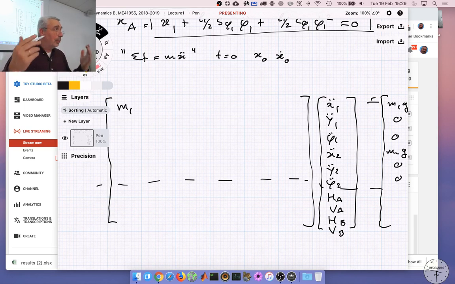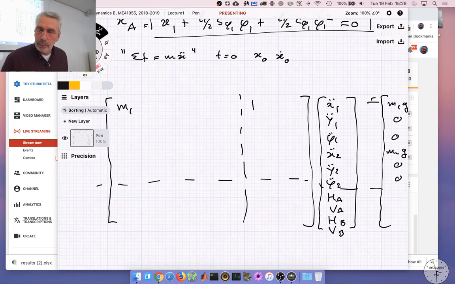But I also had constraint forces, a horizontal force in A and in B. So here's a 1 for the plus horizontal force in A, no vertical force contribution to the horizontal equation, and then a minus 1, because the HB is minus, and 0. So this is just the sum of horizontal forces is mass times acceleration.